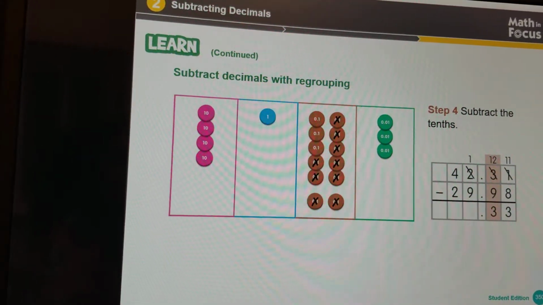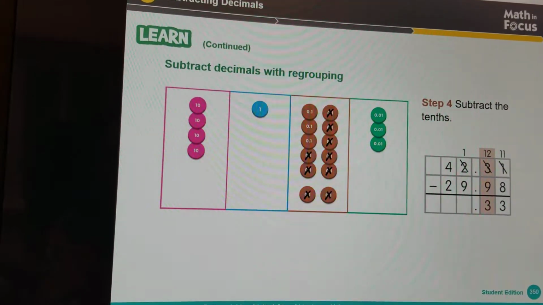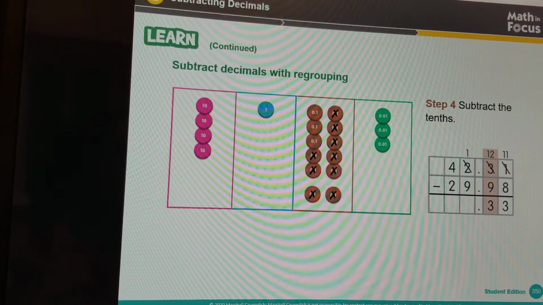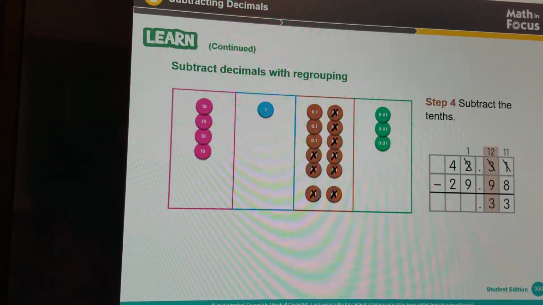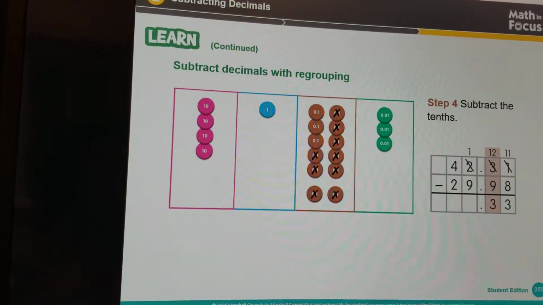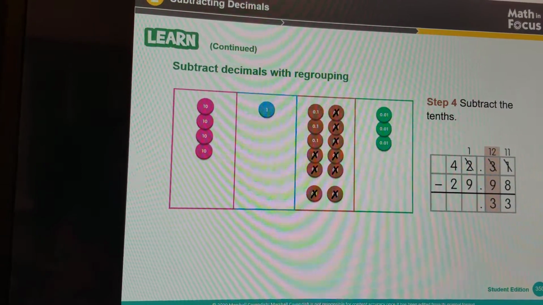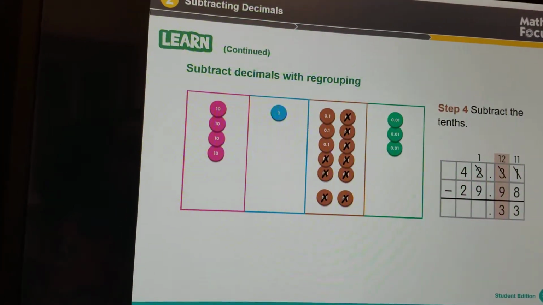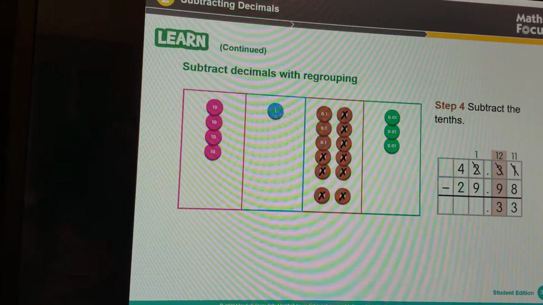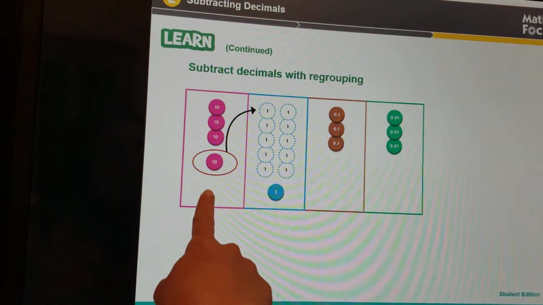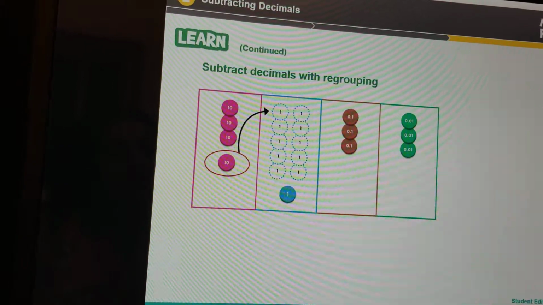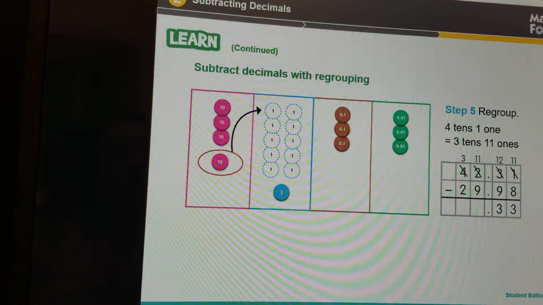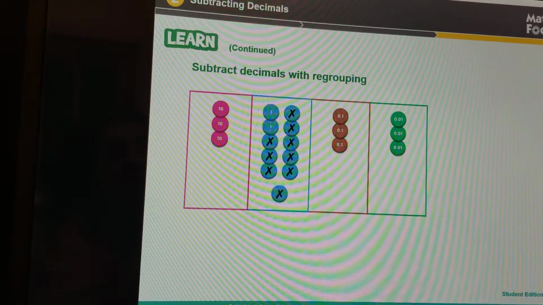At any point, if you want to pause the video to understand how the algorithm is matching the manipulatives, the place value chips, you can. So now I have one left. I'm subtracting 9 from 1, so I'm going to borrow my 10. 1 ten will become 10 ones. So now I have 11 minus 9.